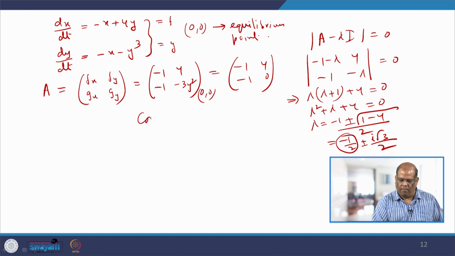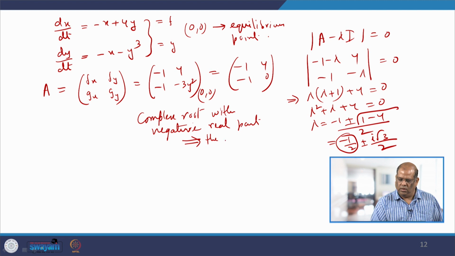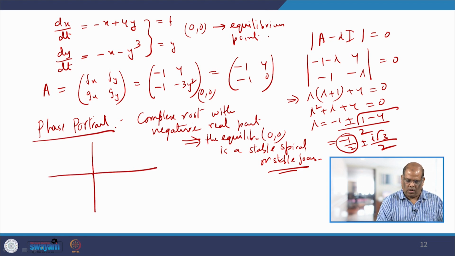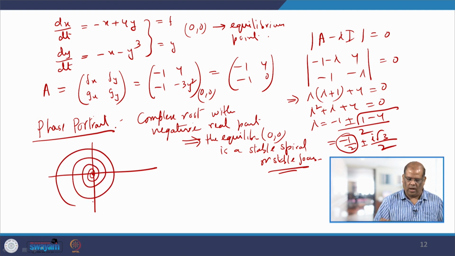So, you have a complex root with negative real part, which implies the equilibrium point 0, 0 is a stable spiral or stable focus, and the phase portrait is, you take a curve like this, and since it is stable, you just put the arrows in like this.